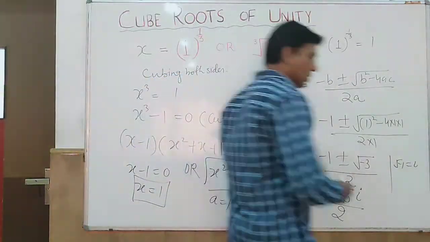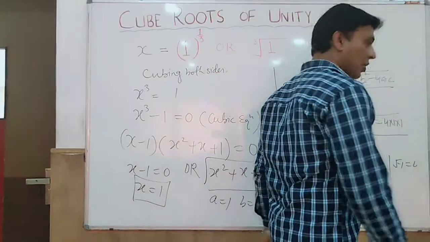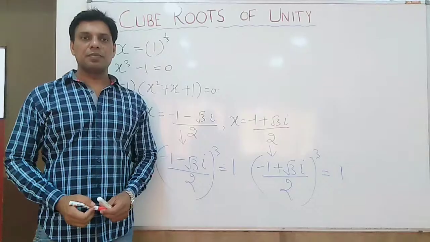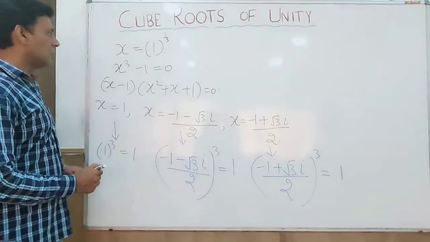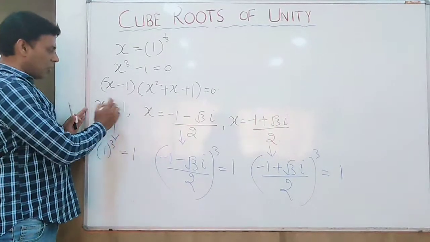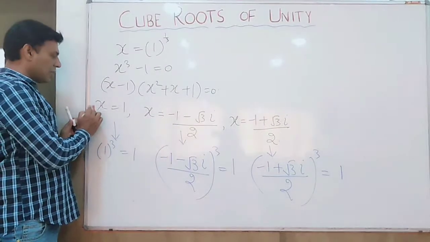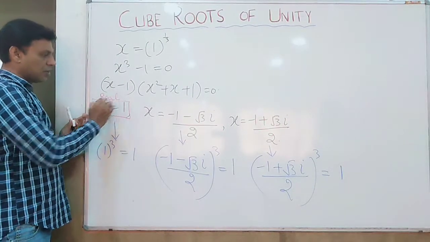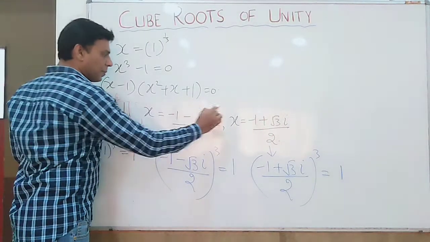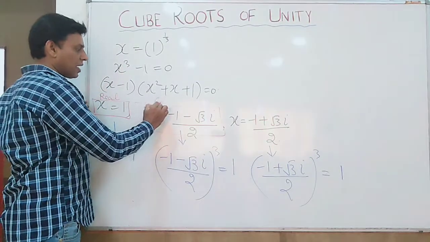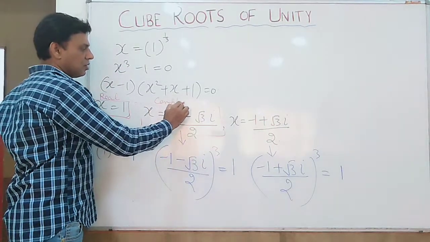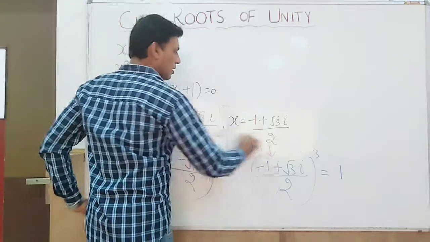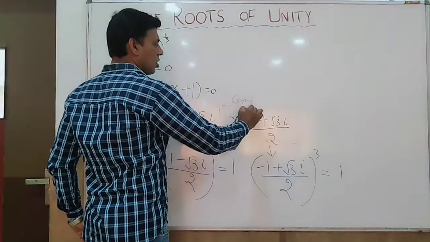So we are having the solutions from this equation. So we have solved. This was our real solution, and these 2 are complex numbers. This is complex and this is also complex.